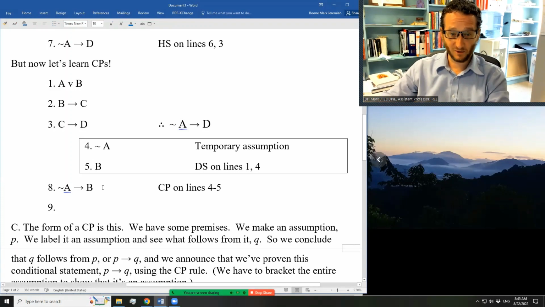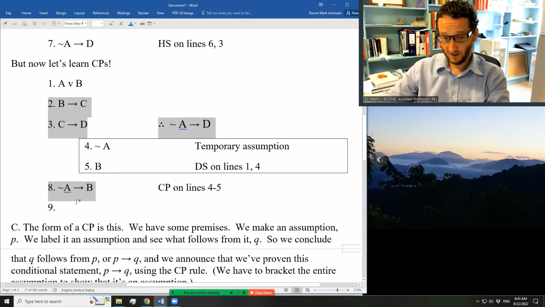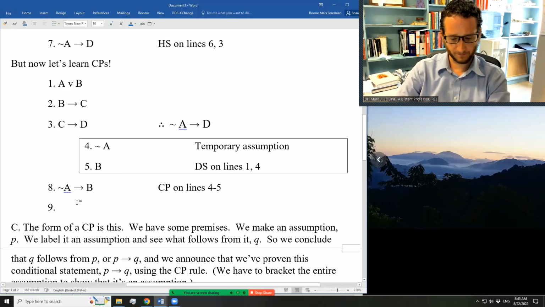And now using tilde A arrow B, and then B arrow C and C arrow D, we can get to tilde A arrow D, same as we did before. Hypothetical syllogisms: if tilde A, then C, by hypothetical syllogism on lines 8 and 2.